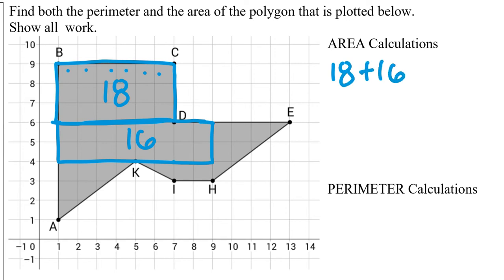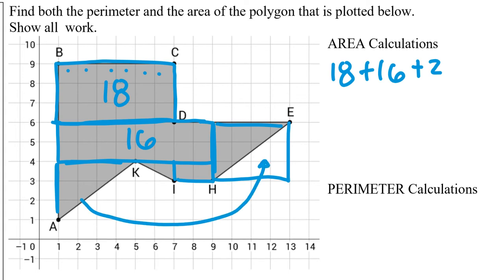I might also include these two: 1 times 2 is 2, plus 2. And then I have these little triangles. This triangle has a base of 3 and a height of 4, and this triangle also has a base of 3 and a height of 4. I could visualize taking this piece and putting it over here to make a perfect rectangle.